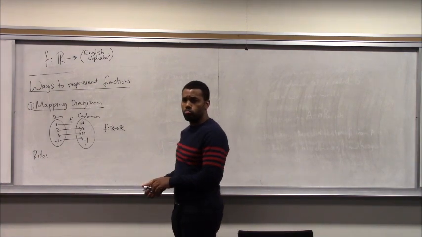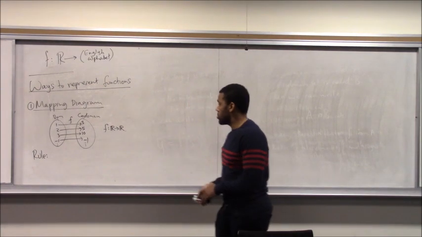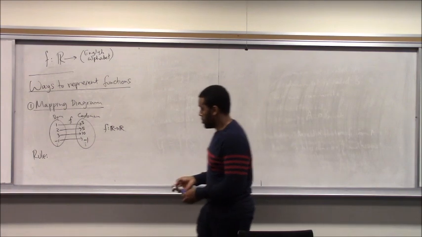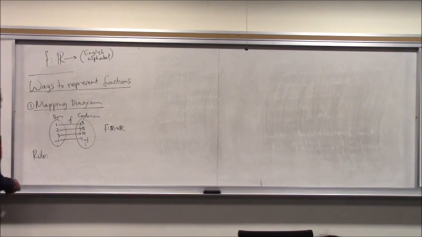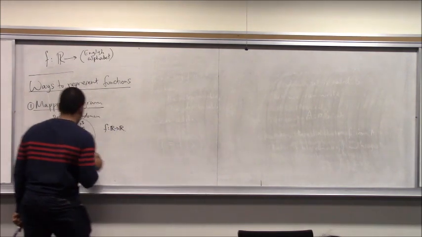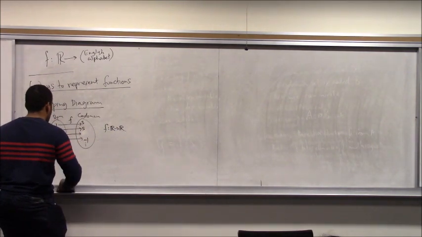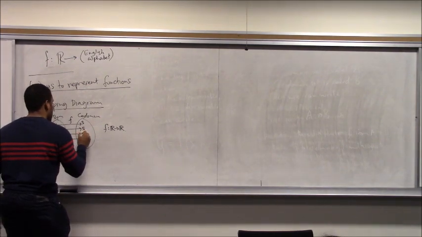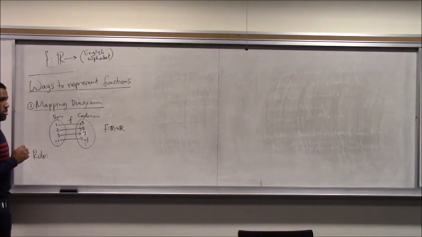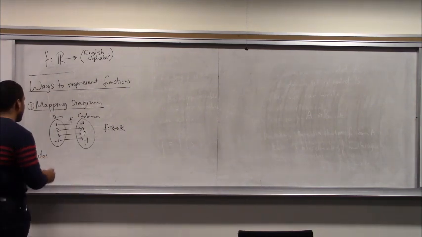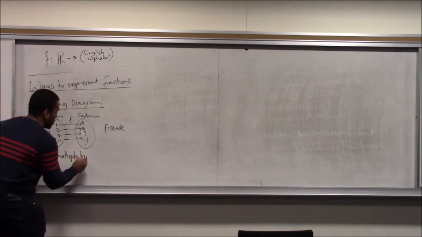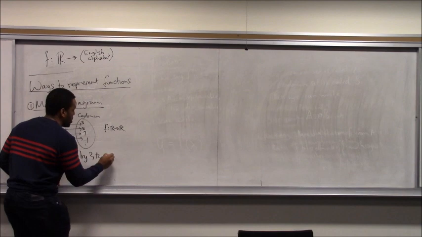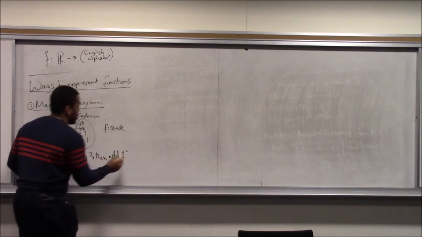Do you see the rule? Now I want to choose 7. Now do you see the rule? Times 2 plus 1. So this says multiply by 2, add 1. Right? So that's the rule.